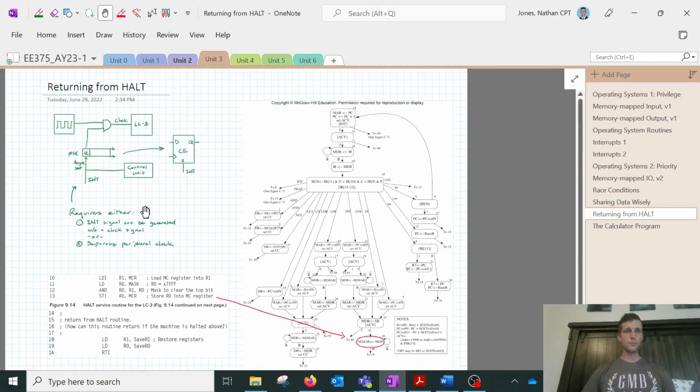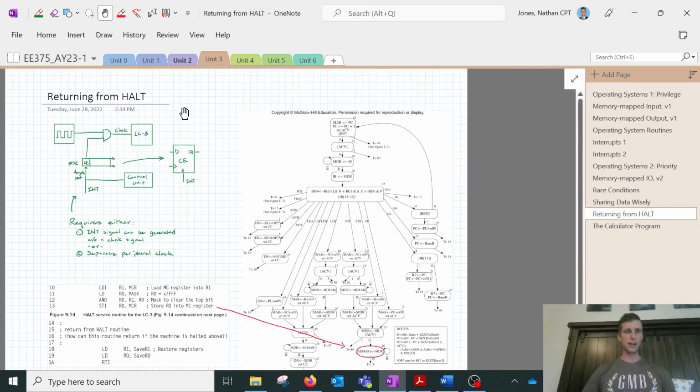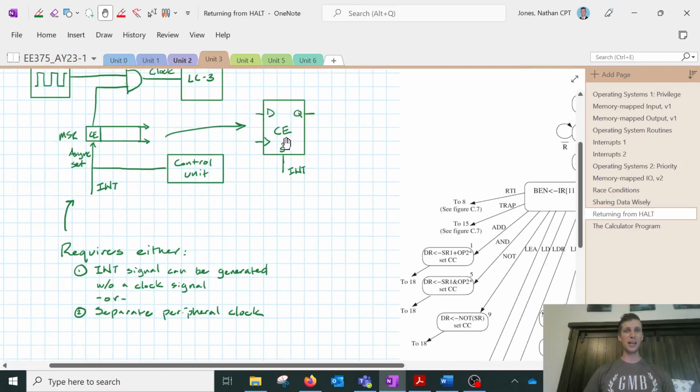Okay, so to recap, today we talked about how our processor might return from the halt instruction when all hope seems lost. The trick came around realizing that this register, the clock enable bit on the machine control register, has potentially an asynchronous set signal.